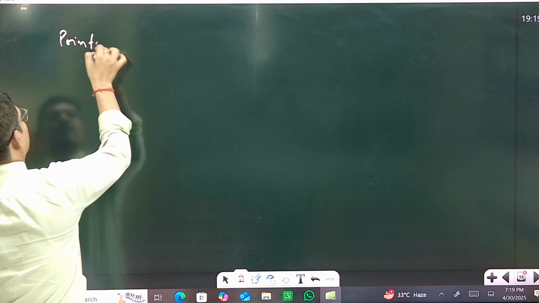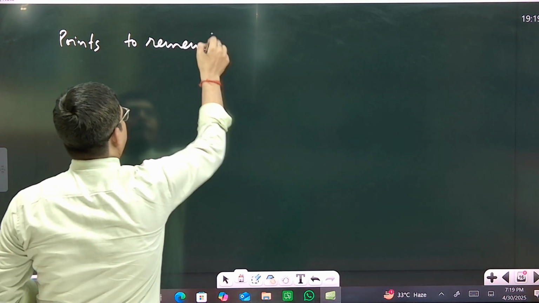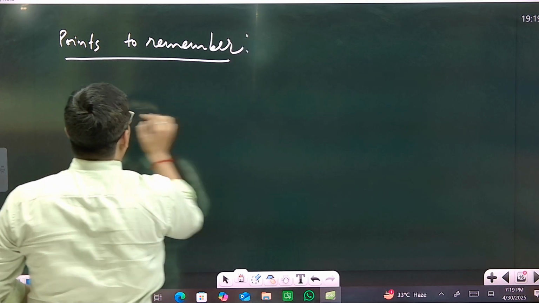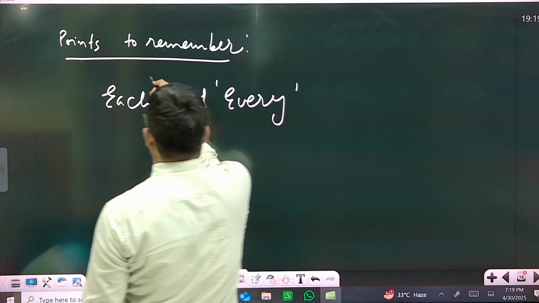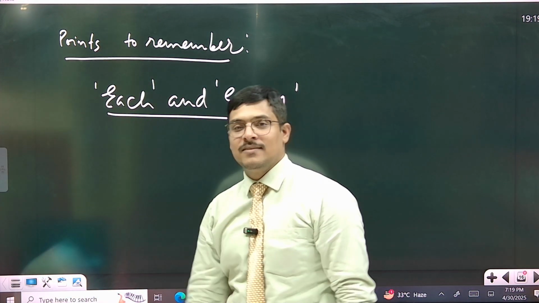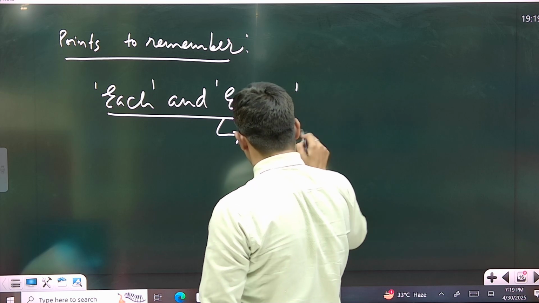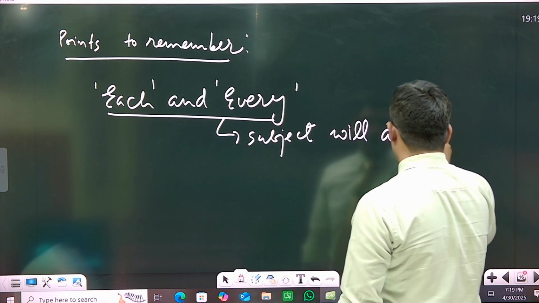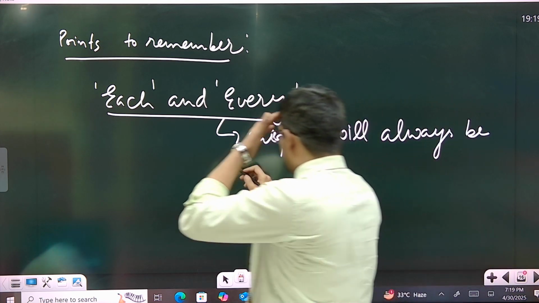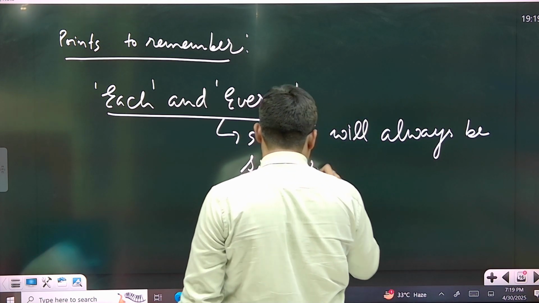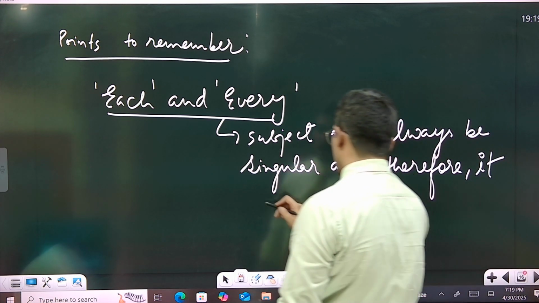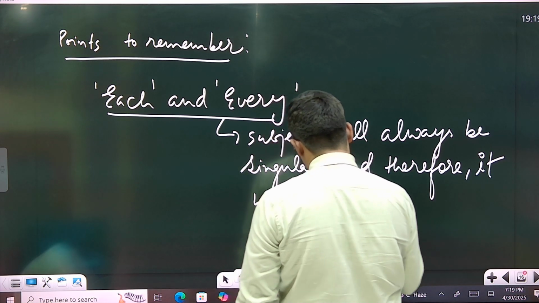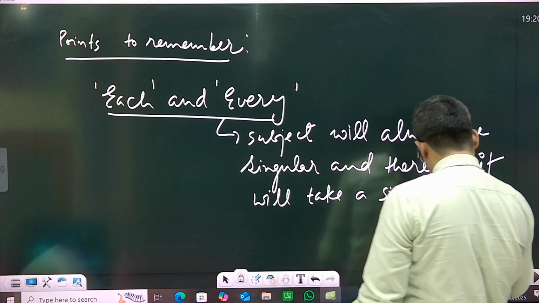Now, always remember, each and every. Whenever we have these two expressions, the subject will always be singular, and therefore it will take a singular verb.